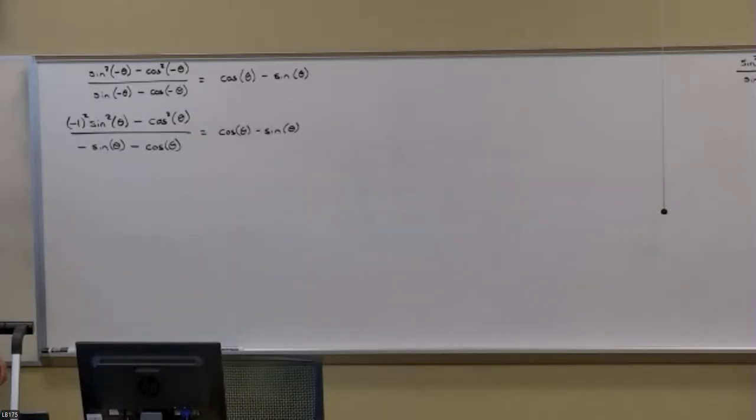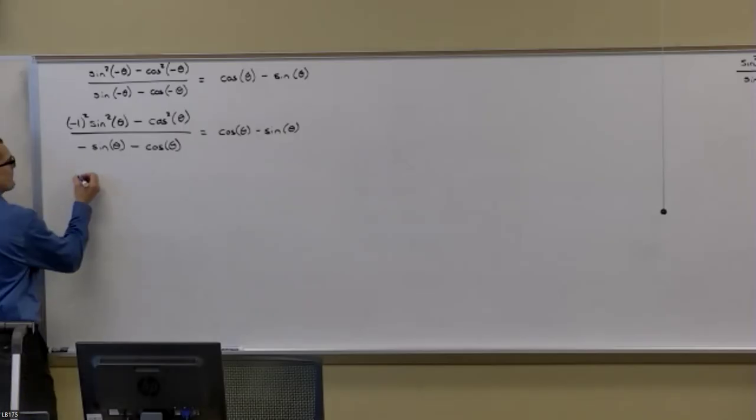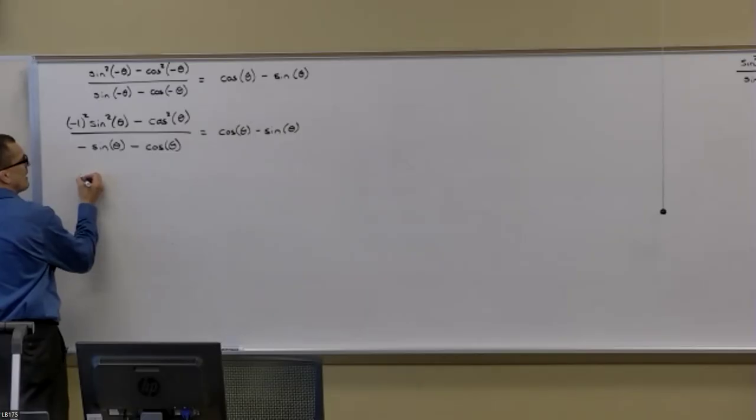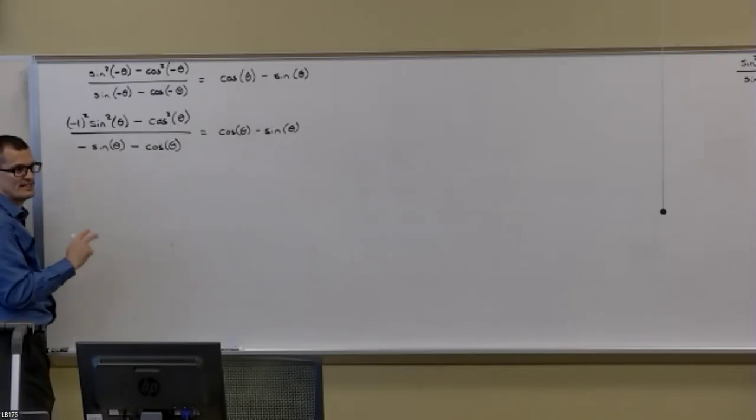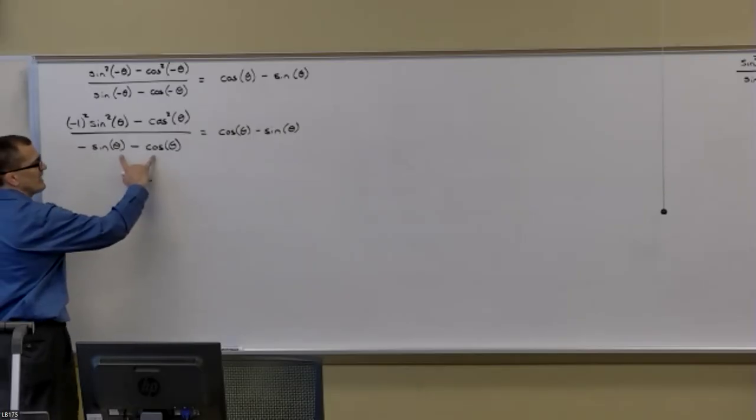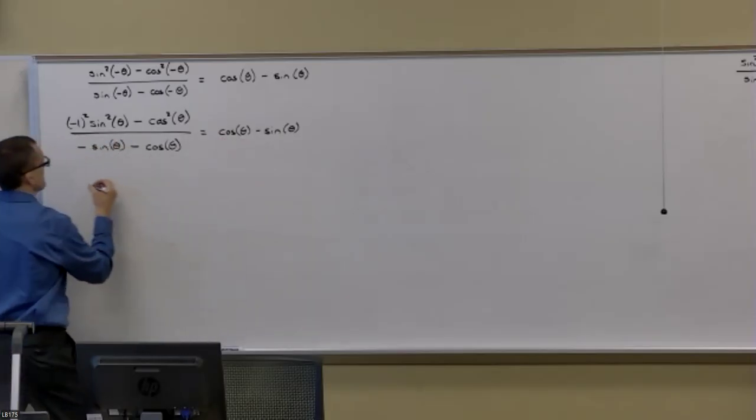Remember that? What I would do on the left-hand side is multiply both sides by this denominator. I'm not going to write that out because that'd be a lot of writing, but I'm going to multiply both sides by the denominator.